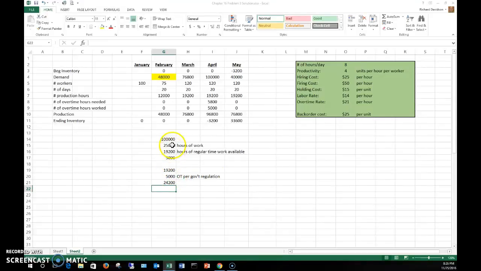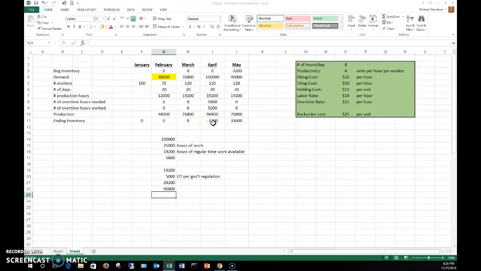But we need 25,000, so guess what? We're going to be short. But with 24,200 hours, we know we can make 4 per hour, so we can make 96,800 units. The demand was 100,000 units, so we're going to be short 3,200 units.